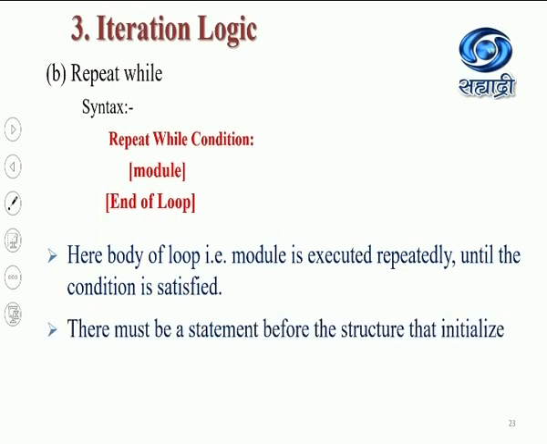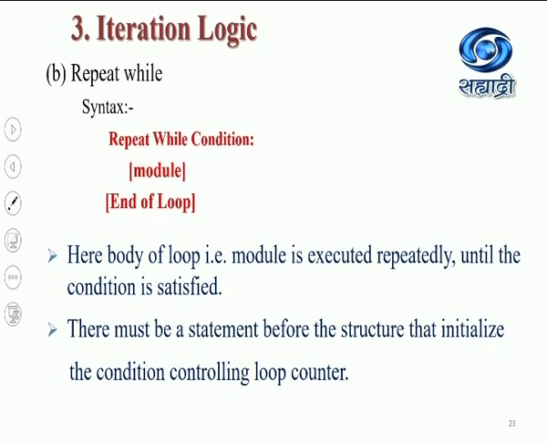There must be a statement before the structure that initializes the condition controlling the loop counter. So here before starting this loop, there should be the initialization statement. So here the initialization part, then the condition part, and between that module you must write the increment statement.